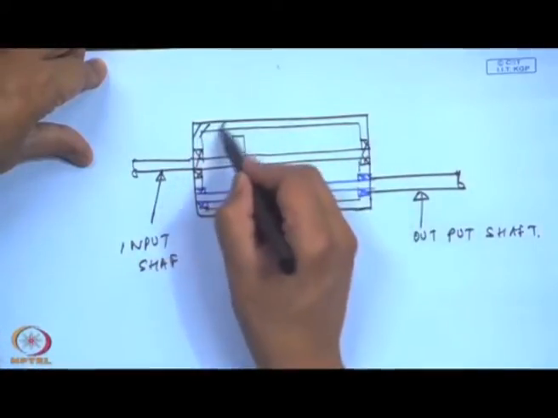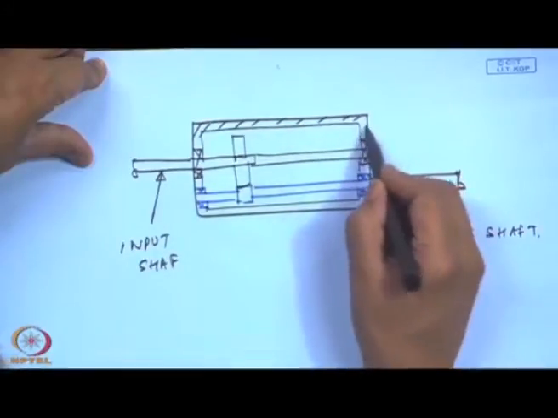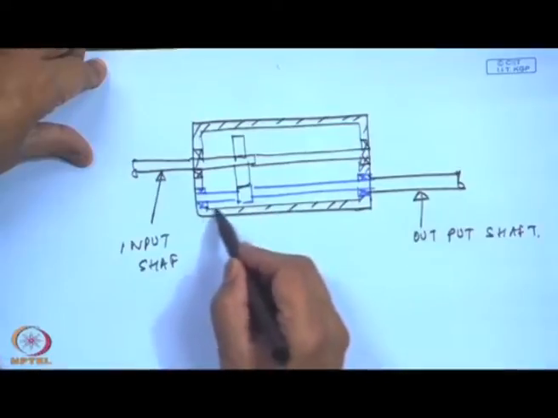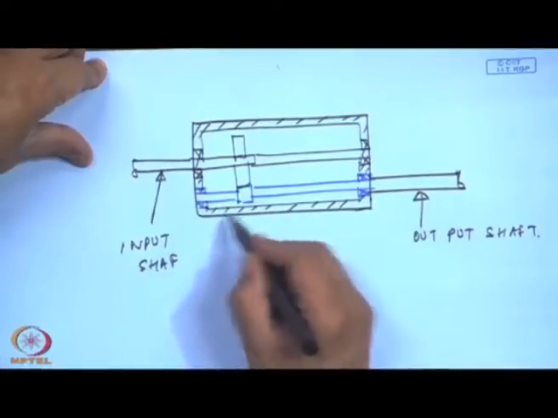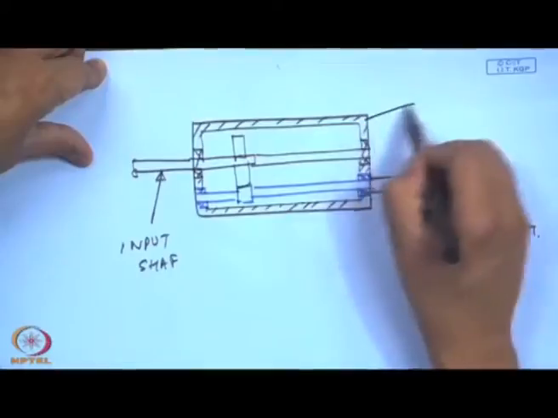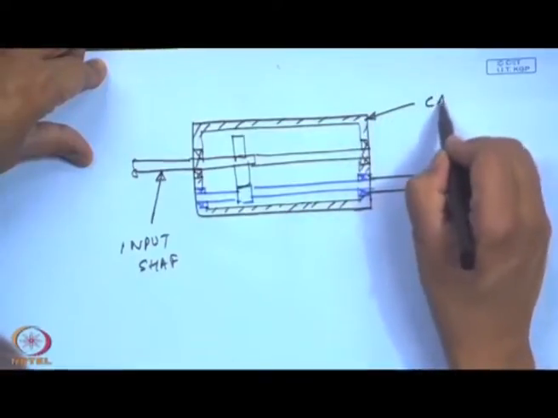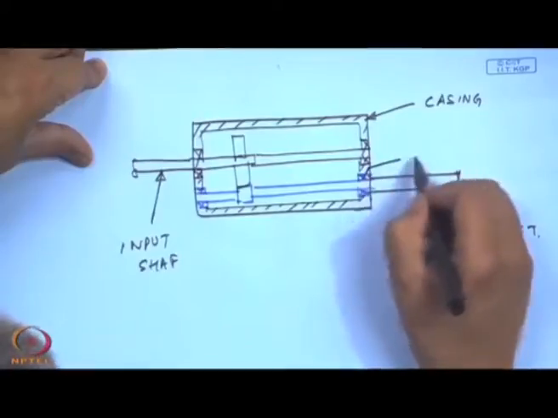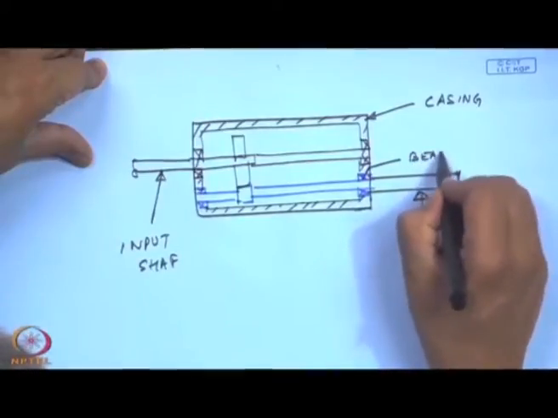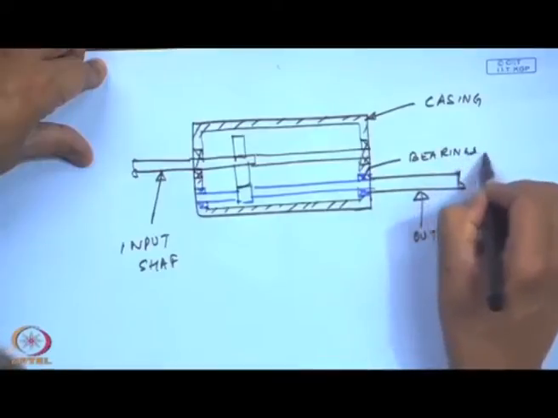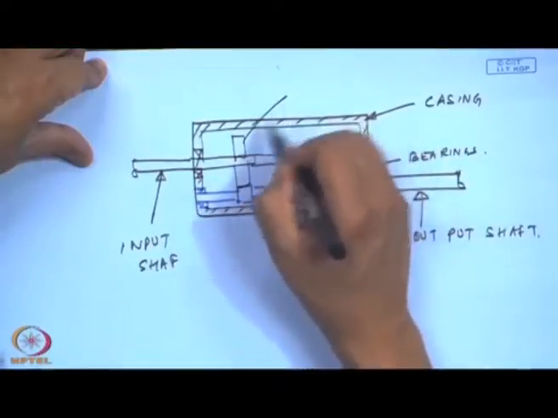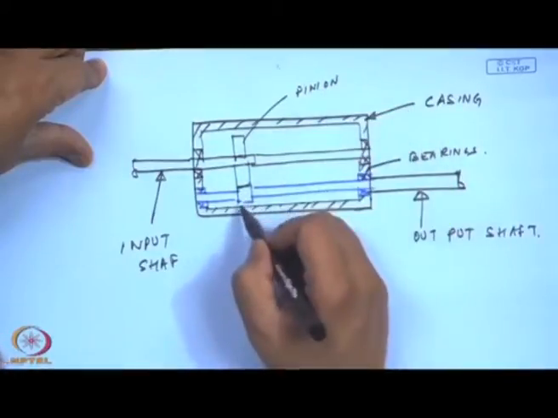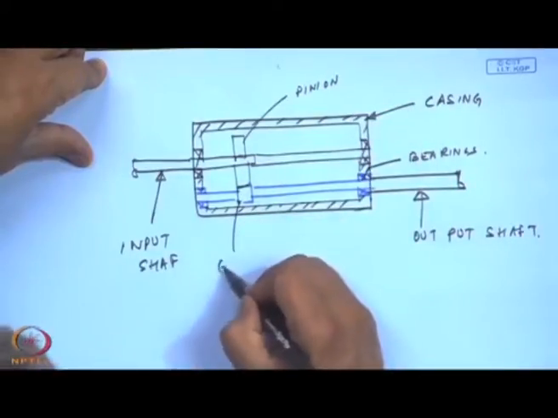This is the casing. Casing. These are the bearings, and this is usually known as the pinion gear, pinion, and another gear.